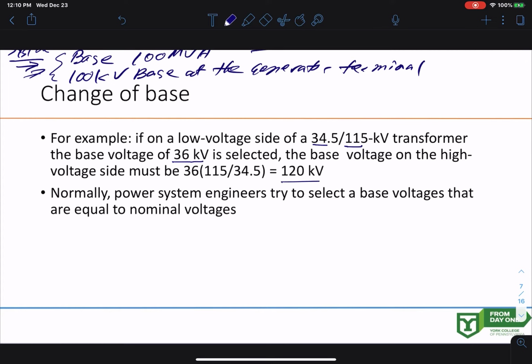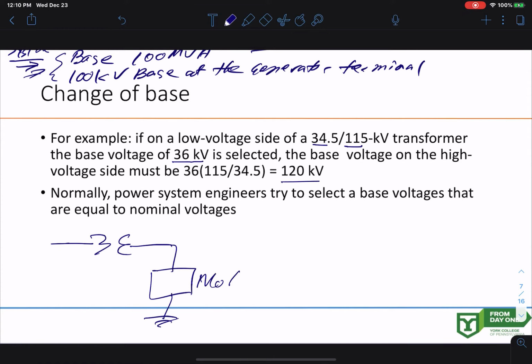Let's do this. So you have a transformer. Draw it first, then we'll see. Then let's say there's a motor here, for example, right? This is the transformer, with a transformer ratio of 115 kV to 34.5 kV.